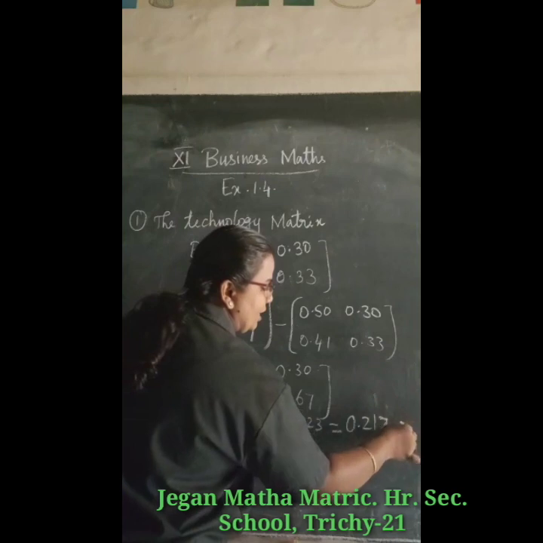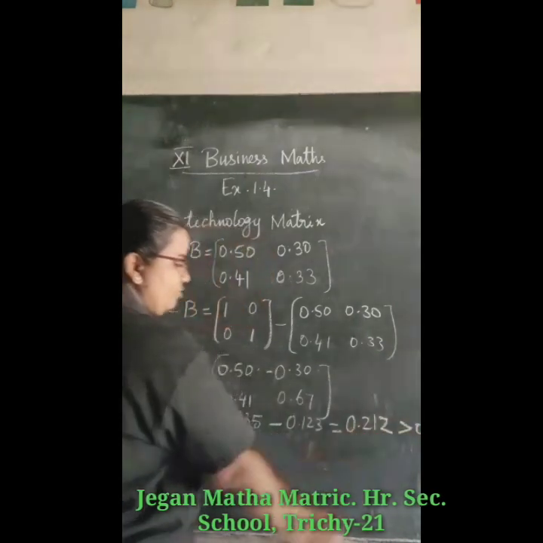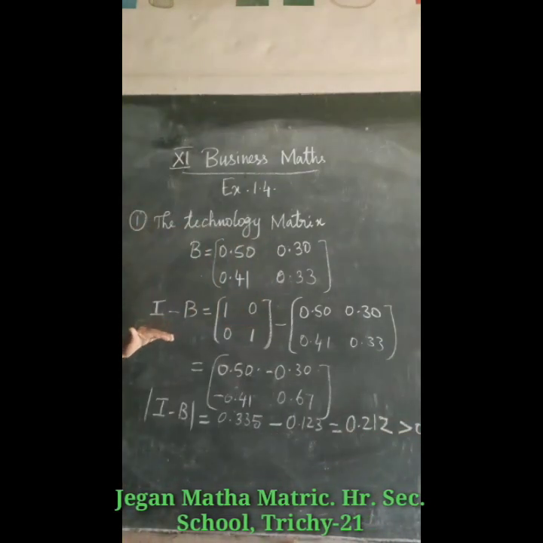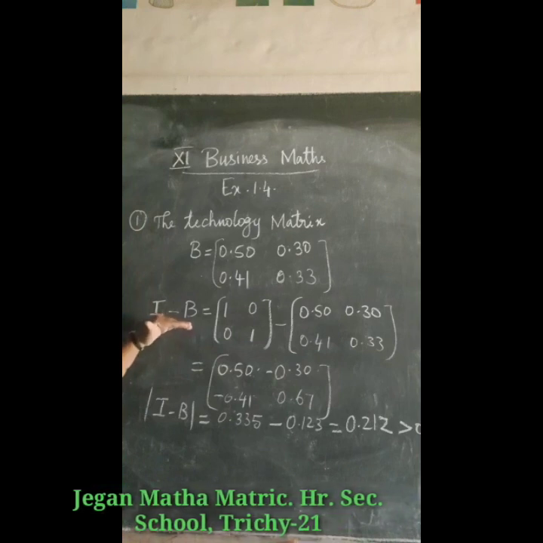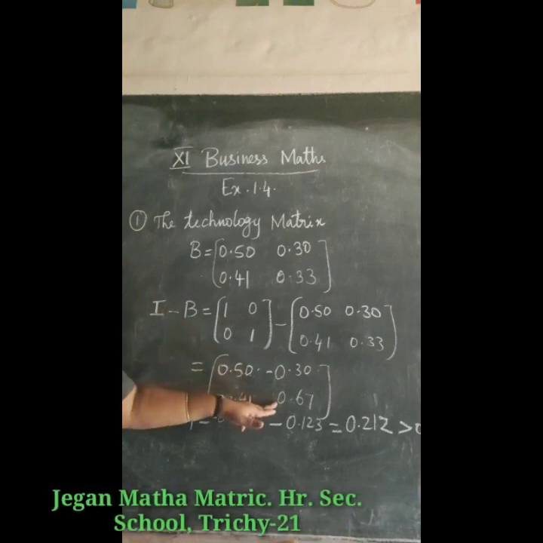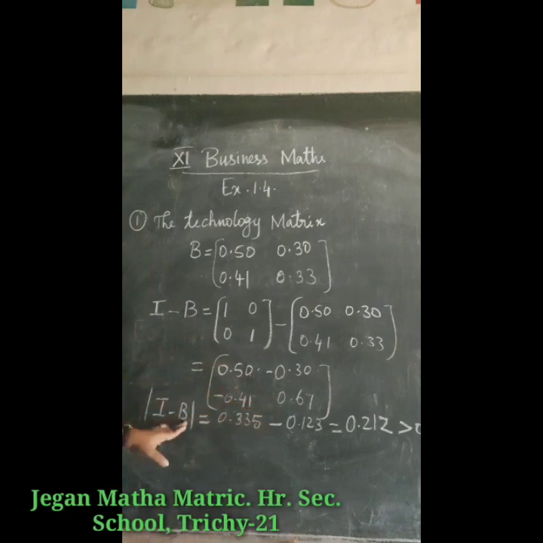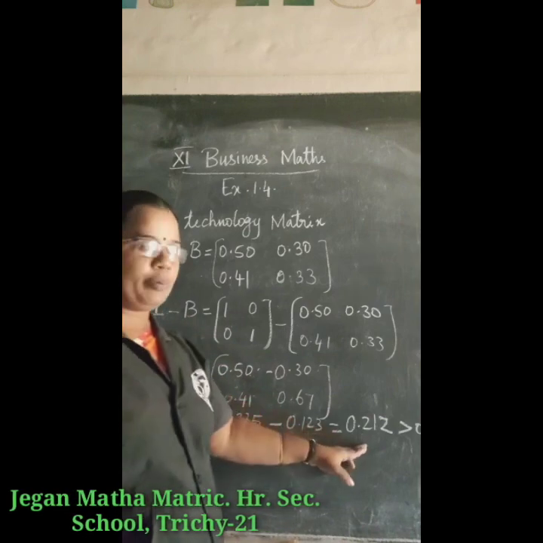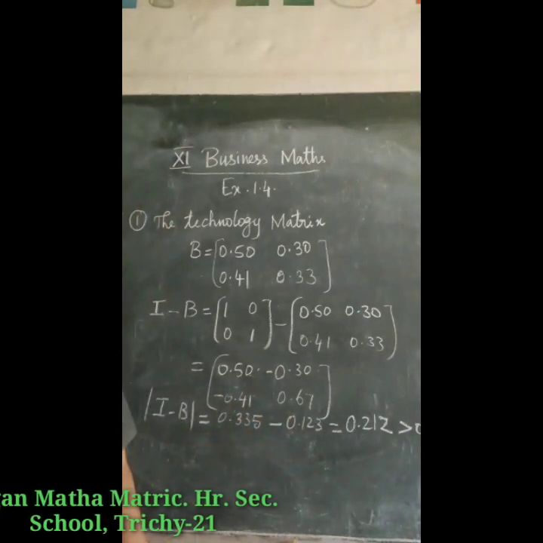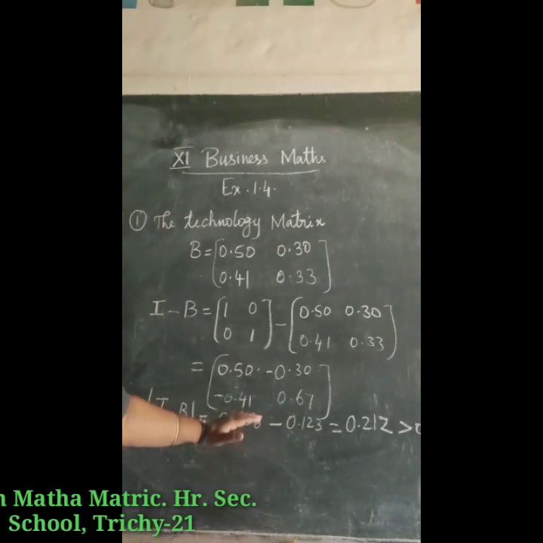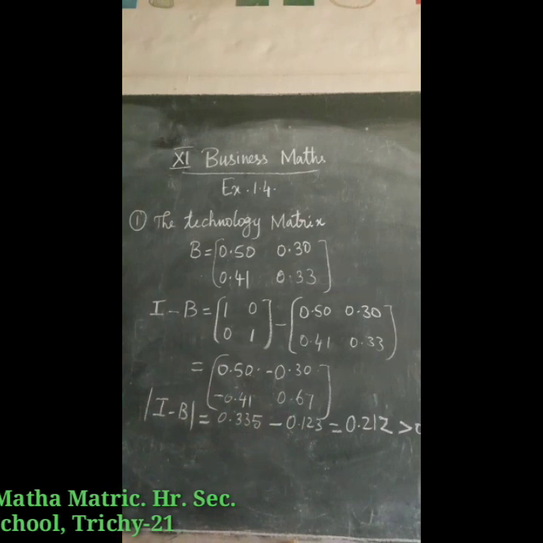This is greater than 0, that is a positive value. So for the Hawkins-Simon condition, the leading diagonal of I minus B is positive and the determinant of I minus B is also positive. So it satisfies the Hawkins-Simon condition. Hence the given system is viable.